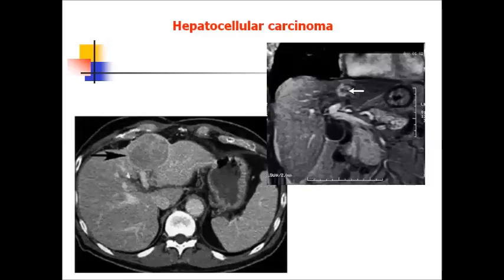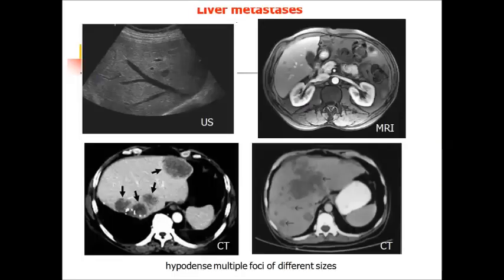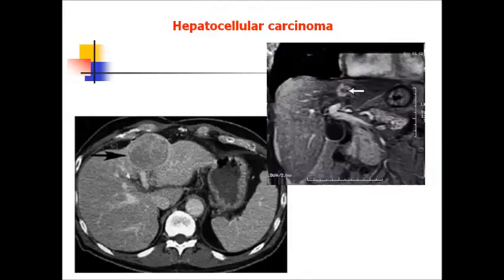Examples are hepatocellular carcinoma, a primary tumor of hepatic cells, and liver metastasis. Liver metastases usually are multiple. Hepatocellular carcinoma is usually unicentric.